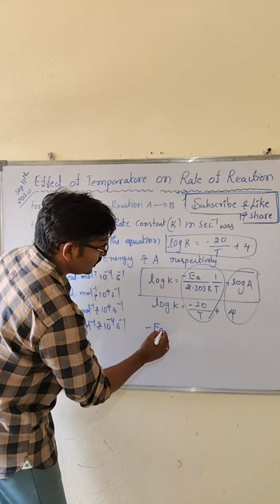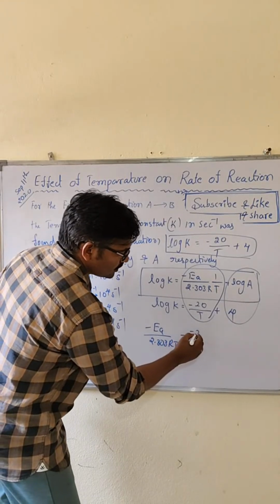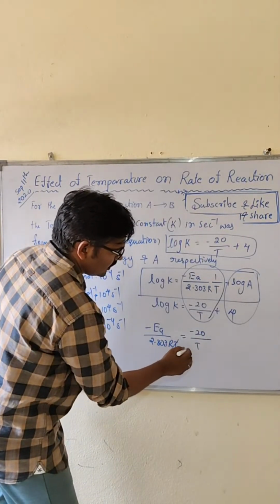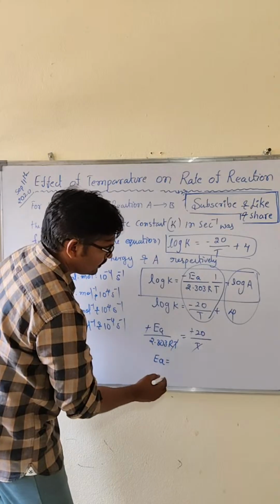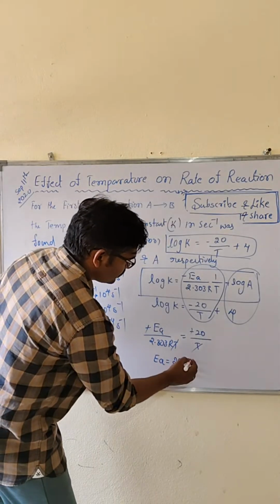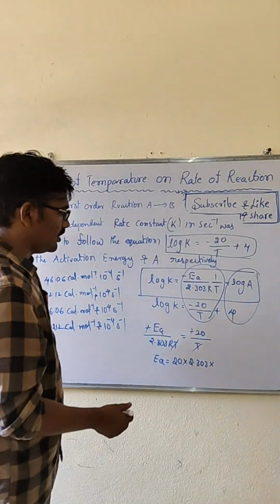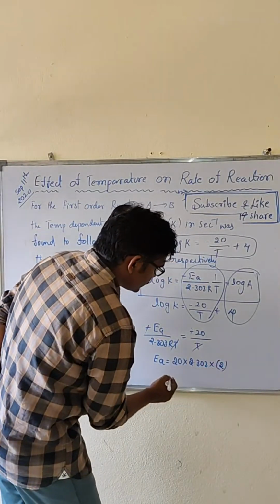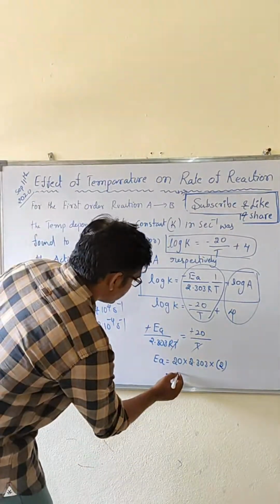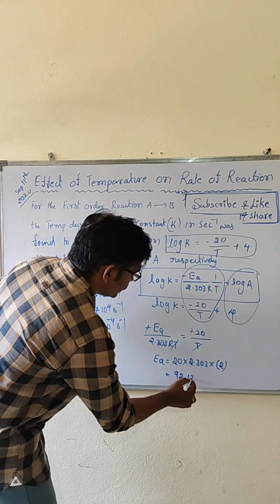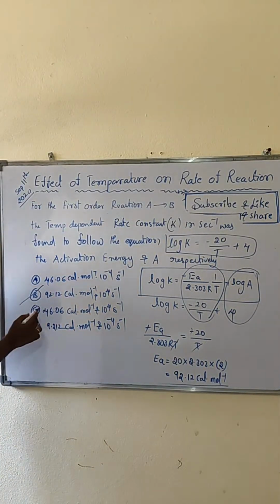So minus EA divided by 2.303 RT equals minus 20 divided by T. So T cancels, right? Then minus cancels, right? Then EA equals 20 into 2.303 into R value 2. So in total you get 92.12 calories mole inverse. This is the answer for this.